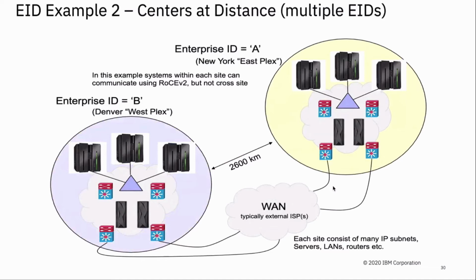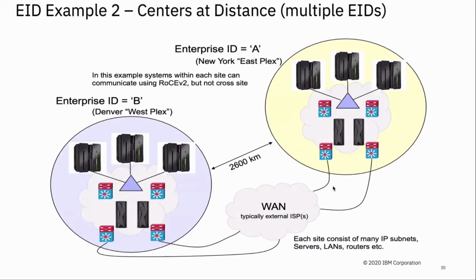And here, of course, we've exaggerated the distance. Maybe New York and Denver are your data centers, and perhaps they're 2,600 kilometers away. Of course, you wouldn't try to use SMC this far away. And even though it's routable, you start losing some of the advantages.